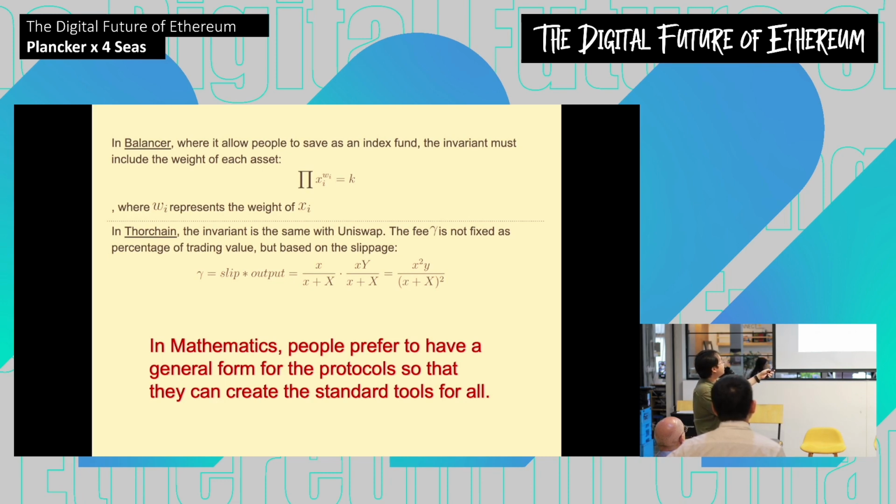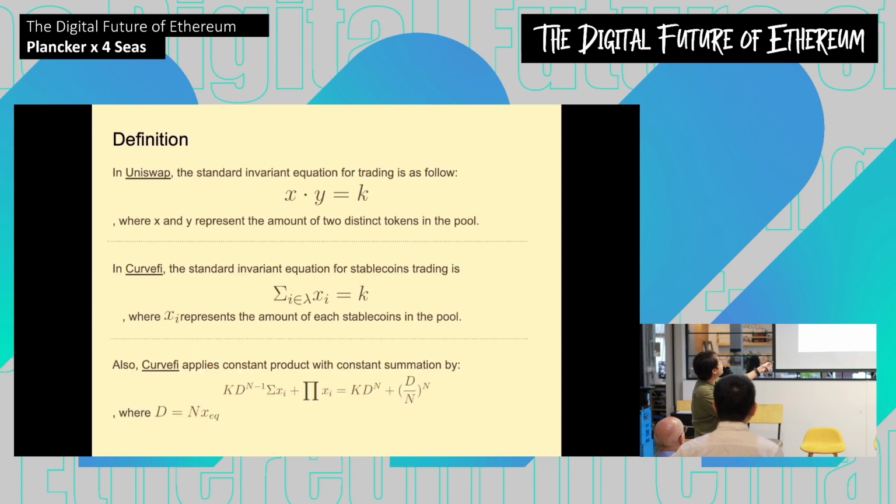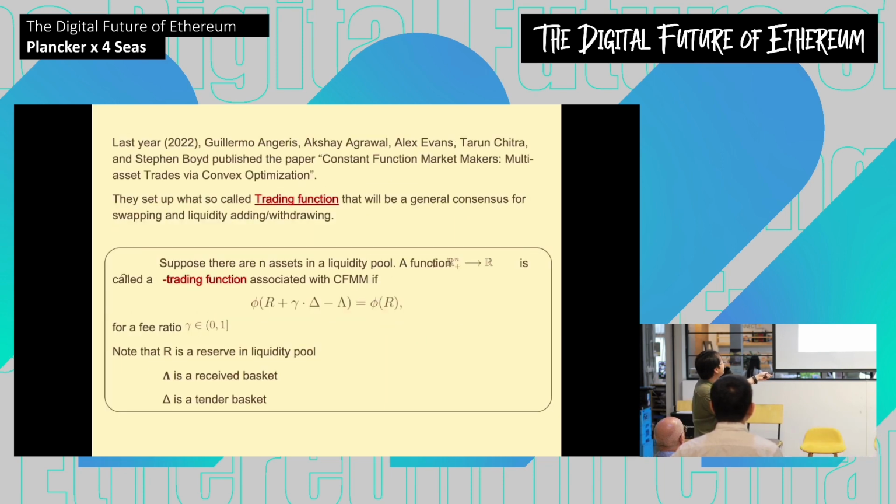So people in math say, hey, let's just make it a constant function. Make it easy. We don't focus on the right-hand side anymore. Yeah, we don't focus on K anymore. We just cut it off. And then let's just make the before-swapping and after-swapping equal by the trading function.